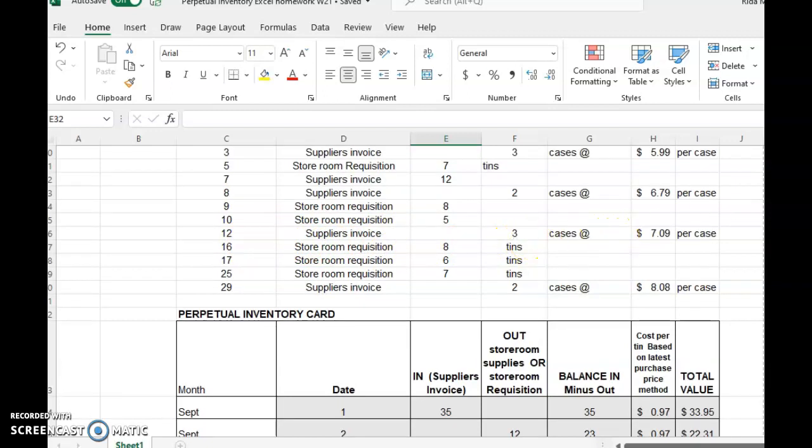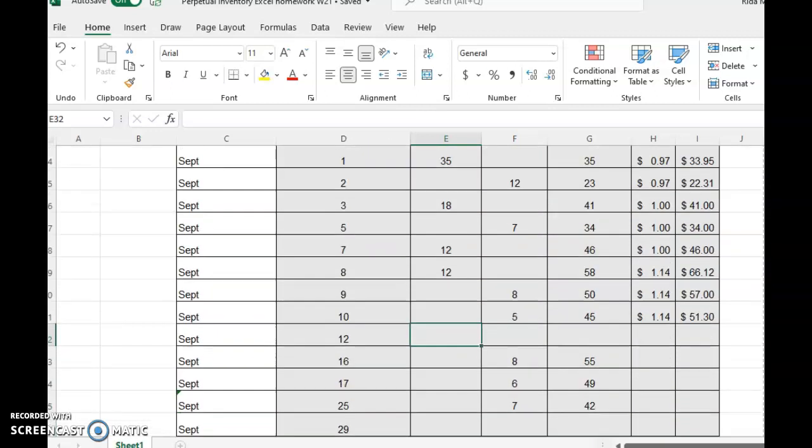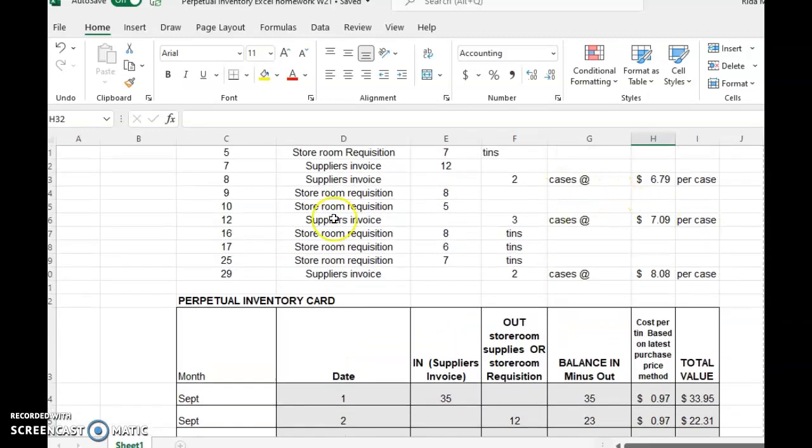So 3 cases, we have 18 coming in, and we would add that to the total balance. So that would give 63, and so our value for per case was 709.